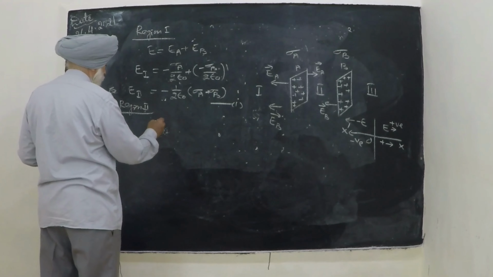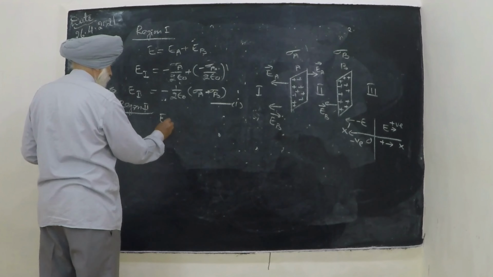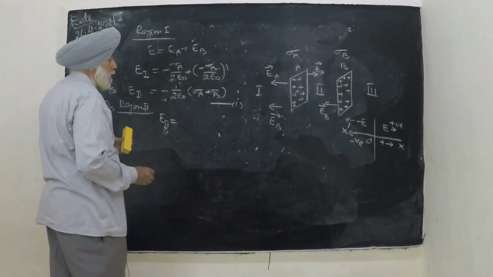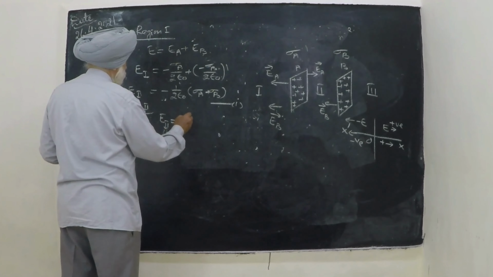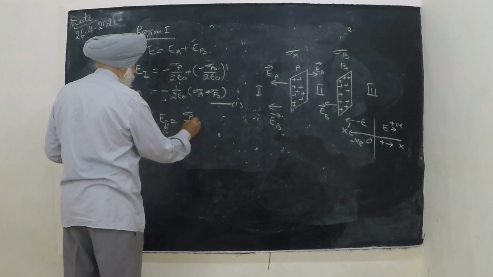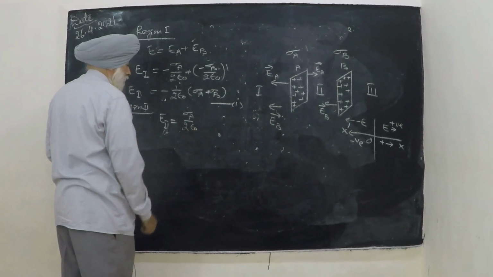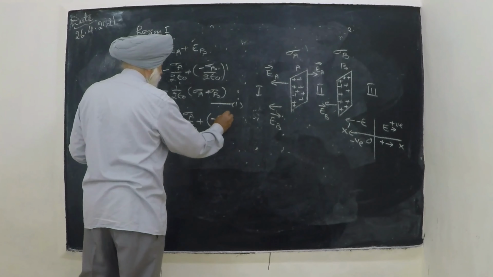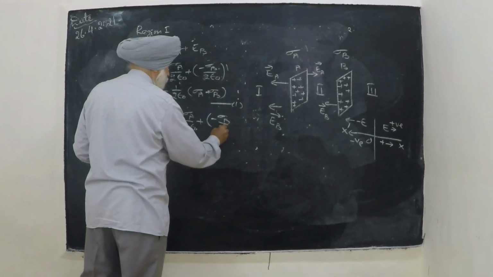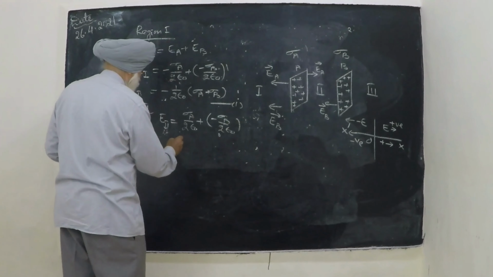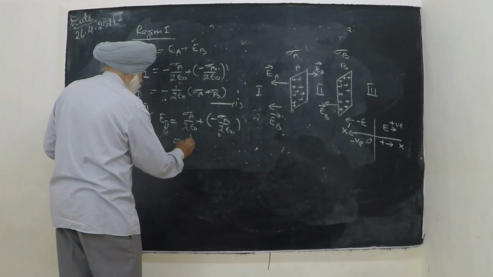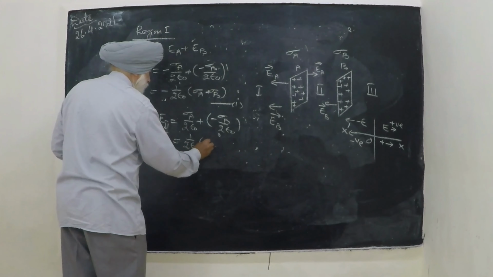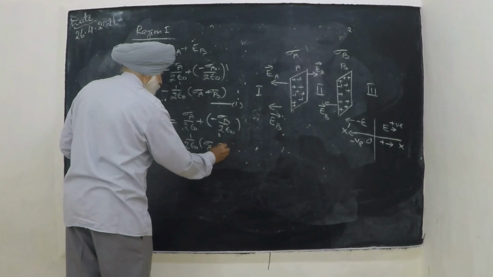So net field in the second region will be equal to sigma A over 2 epsilon naught, this is positive, the second is negative, minus sigma B over 2 epsilon naught. So net will be 1 over 2 epsilon naught (sigma A minus sigma B).